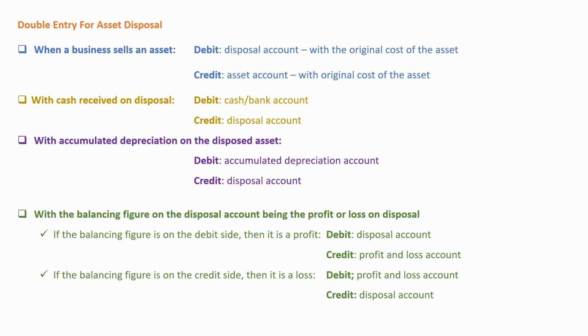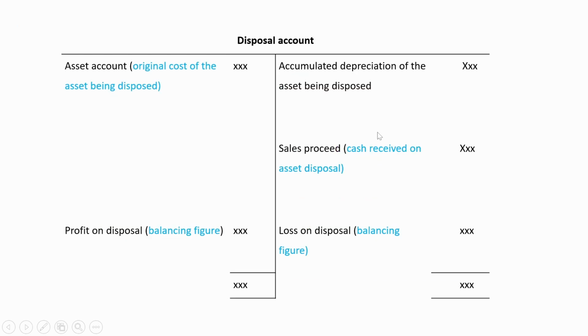But you want to see the account to make it easier to understand. Let us look at the disposal account. So this is the disposal account. It is just a summary of what we have seen. So we have said, first, the cost of the asset.